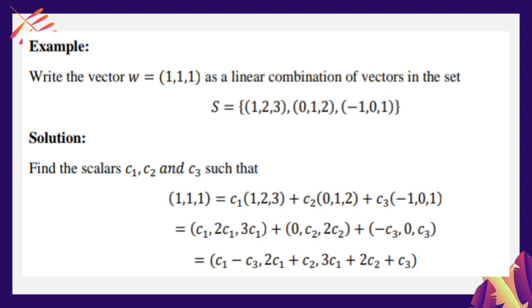Next, proceed to vector addition. Then, we have c sub 1 minus c sub 3, comma, 2 c sub 1 plus c sub 2, comma, 3 c sub 1 plus 2 c sub 2 plus c sub 3.